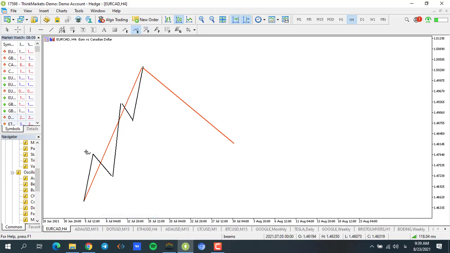Then we have 1, 2, 3, 4, 5. And after that, we have an ABC, or again an accelerator, which we consider an ABC for correction. Here, ABC. It's an ideal cycle.